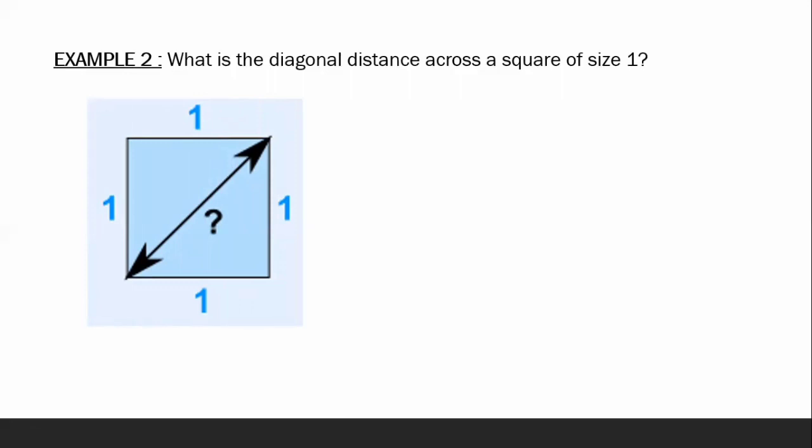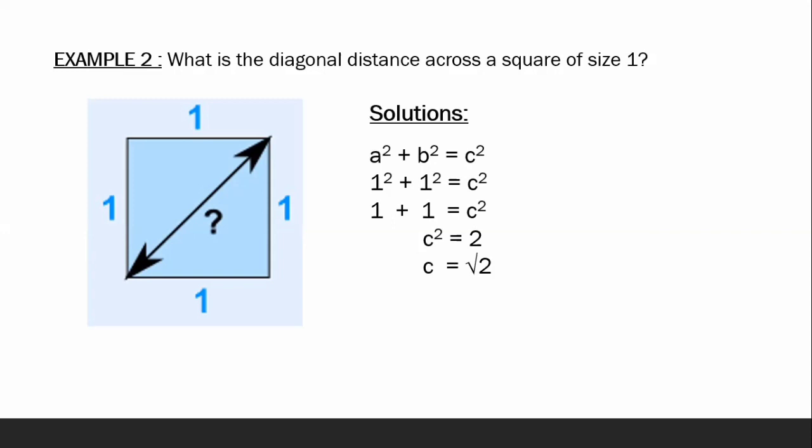I give you 1 minute to answer. Okay, what is your answer? The diagonal distance across a square of size 1 is? Okay, the answer is 1.4142.